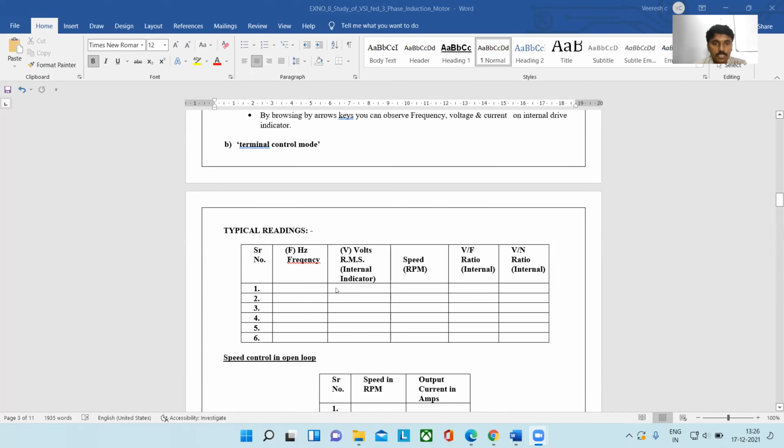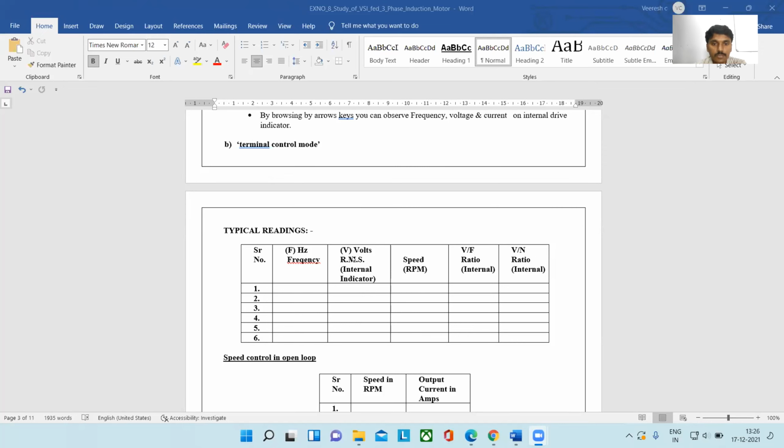So today we have to take the readings. We have to note the frequency and voltage, which will be displayed on the voltmeter provided on the inverter kit, and we have to note down the speed.